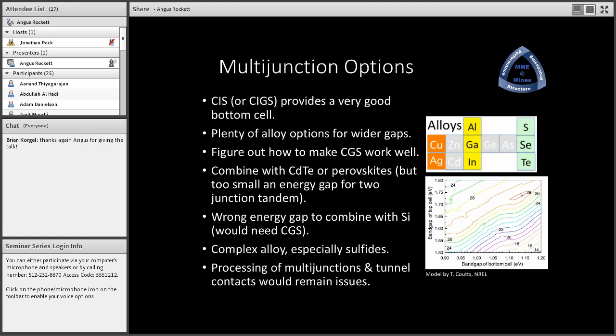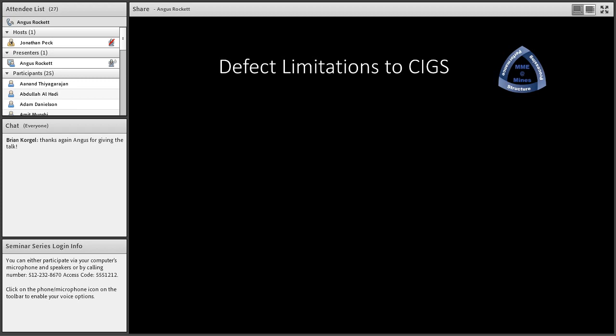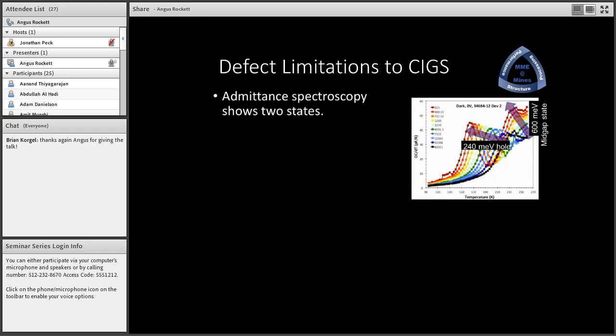It's pretty much the same energy gap as CIGS, so that doesn't really work. And so we are looking at complex alloys, especially sulfides. Of course, to make a multi-junction device, we'd need to think ultimately about tunnel junctions and how to process one device without affecting the other, and people are working on that.